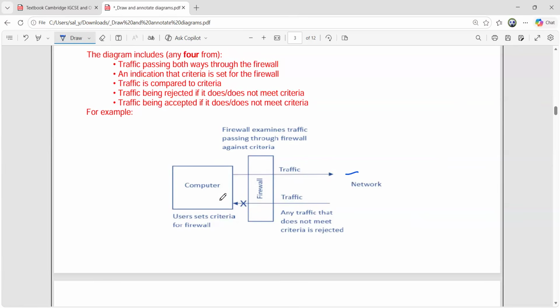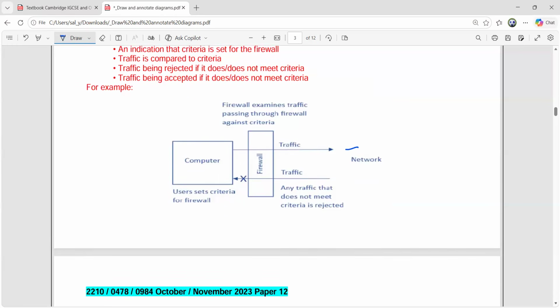You can see here, computer is denied the data because of this traffic which is not meeting the criteria. But again, we can see here, the network is accessed or the data is accessed because it is meeting the criteria. So in this manner, if you have simply drawn computer, firewall, a network, maybe a web server, and you have shown that traffic is going to be accessed, or traffic is going to be denied, that's perfectly okay. You will be able to score 4 out of 4.